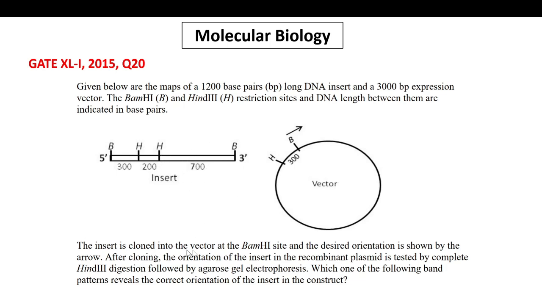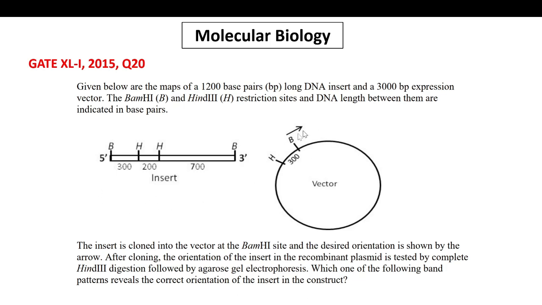The insert is cloned into the vector at the BamHI site. So at the BamHI site, both the insert and the vector have been cut with BamHI, and the insert has been cloned into the vector, and the desired orientation is shown by the arrow.